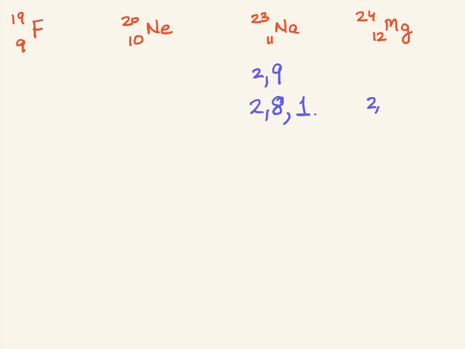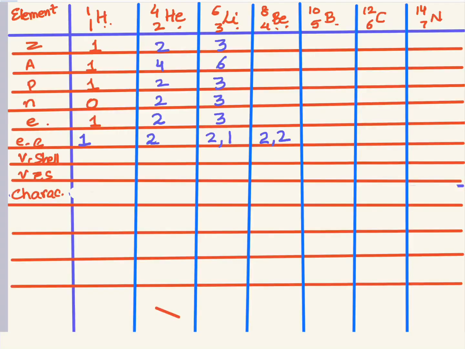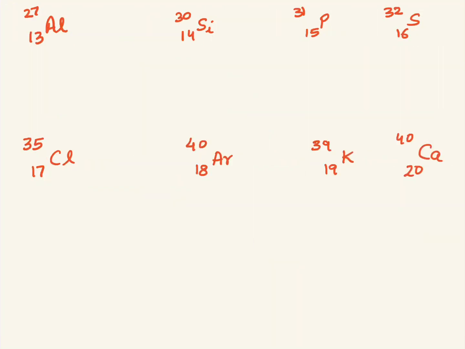Very good. Magnesium is 2, 8 and 2. Great going. Yes. So this is how this chart comes in handy for you. Go ahead. Aluminium 13, 14 silicon, 15 phosphorus, 16 sulfur, chlorine 17, argon 18, potassium and calcium.